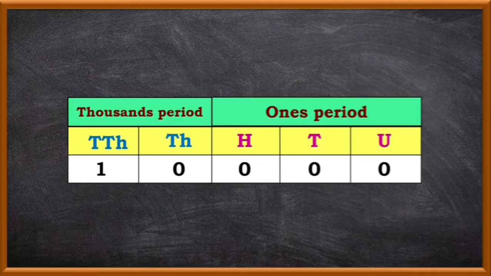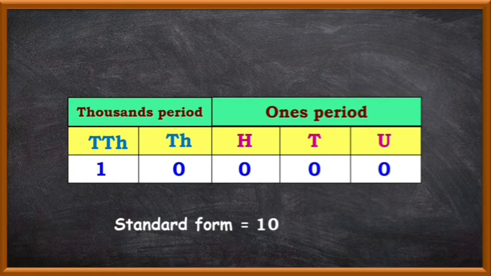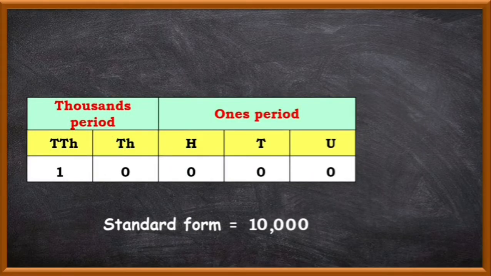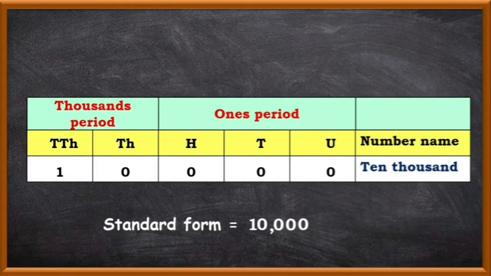These two periods are separated by a comma when we write the number in standard form. The number 10,000 in standard form is written as 1, 0, 0, 0, 0 and its number name is 10,000.